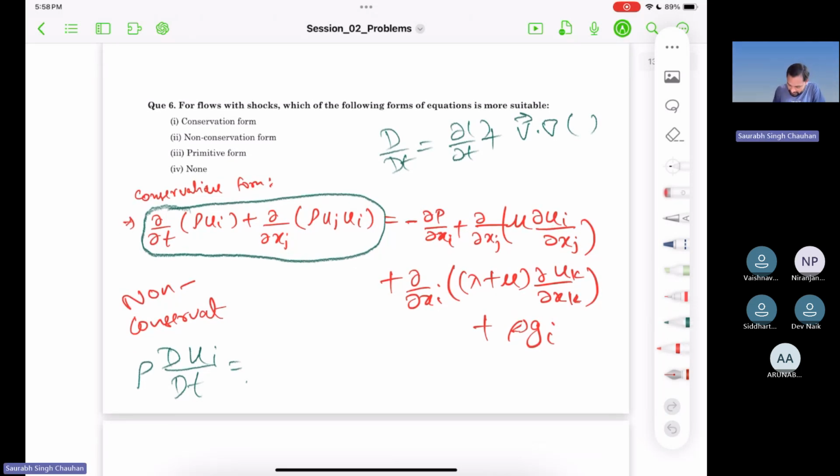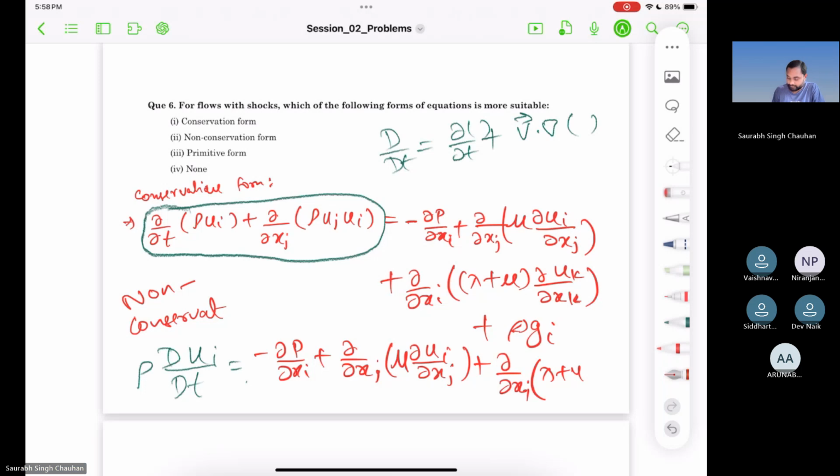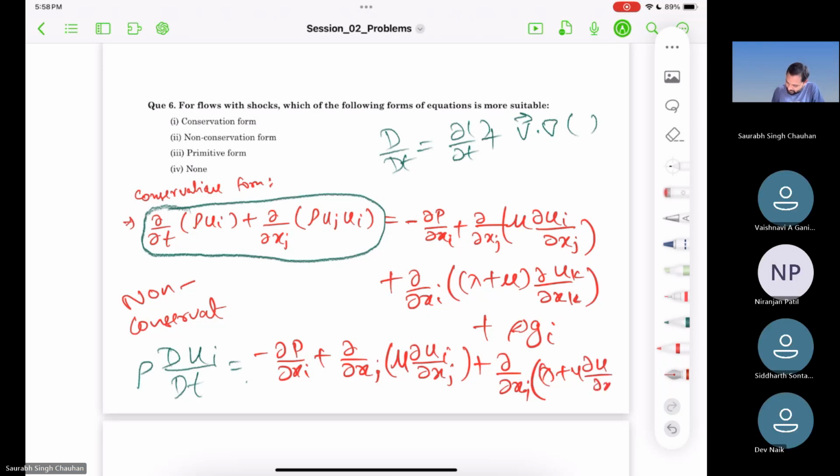So this is equal to pressure gradient plus again this shear stress term, del by del x_j of shear stress, what will be the i and j, and viscosity coefficient, plus del by del x_j of lambda plus u. Okay. Plus body force.